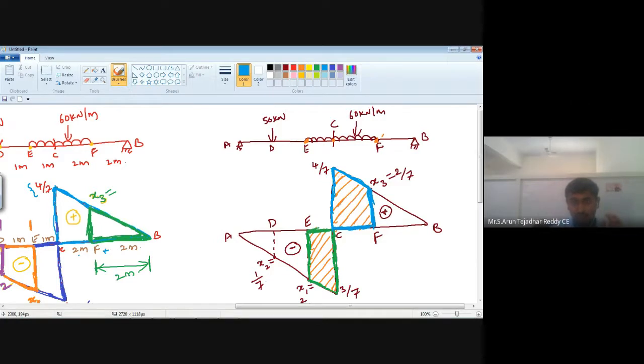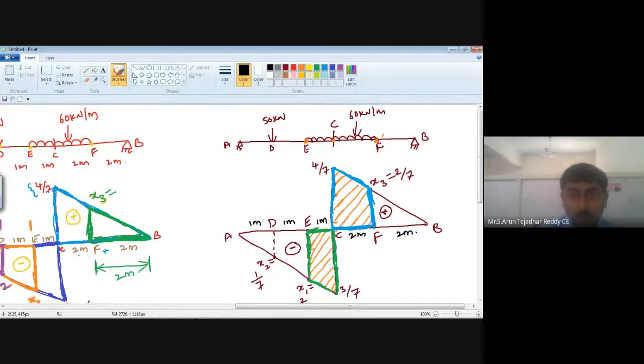This is also a trapezoidal shape. So what is the area of a trapezoid? Same, (A plus B) into H by 2. Now here we have some distances. It is 1 meter, it is 1 meter, it is also 1 meter. Here it is 2 meter, here it is 2 meter.